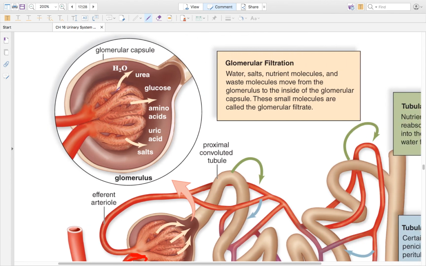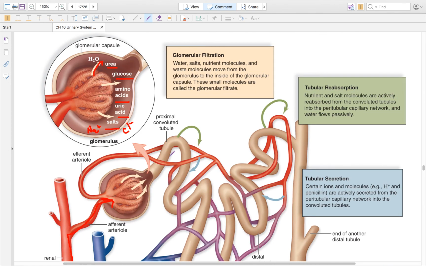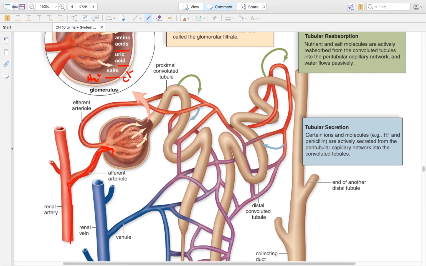They are going to leave your blood here from the glomerulus: water, urea, glucose, which is sugar, amino acids, uric acid, salts. Now, don't forget salts. That means sodium ions, and don't forget that chloride. So that's what we mean by salts. Those molecules are going to leave your blood, and where do they go? Into the glomerular capsule, right there.